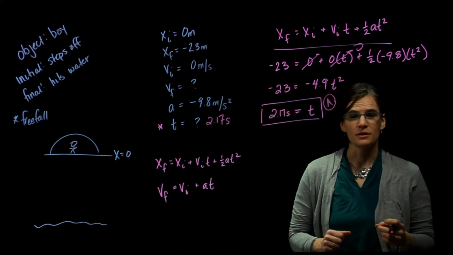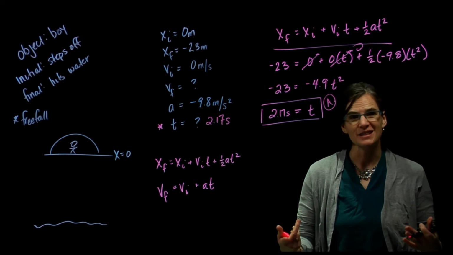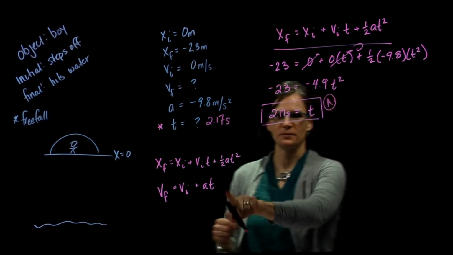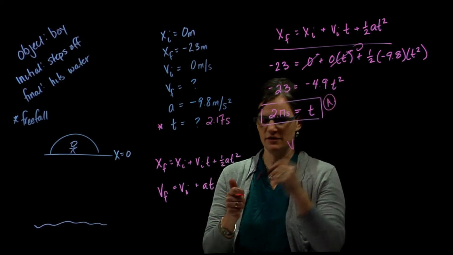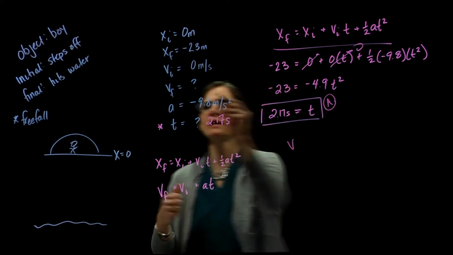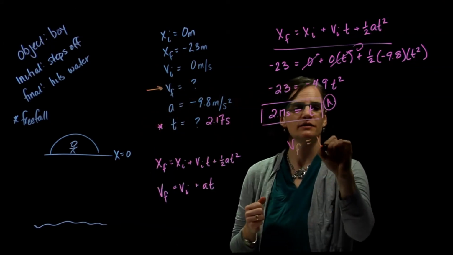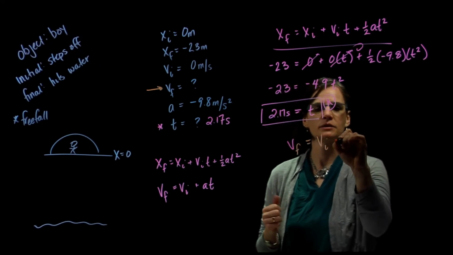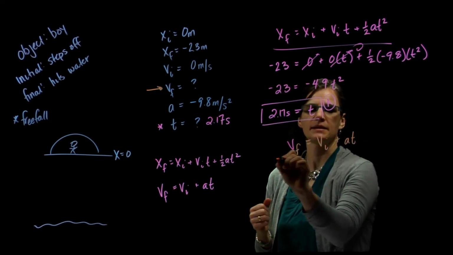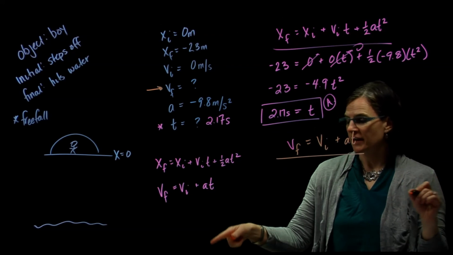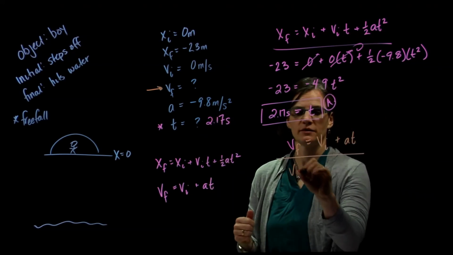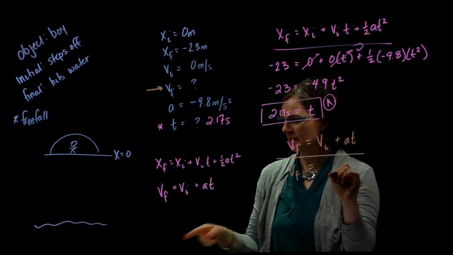The second half of the question asks, how fast is he going when he hits the water? Well, now we can look at our v final. So we're interested in how fast is he going when he hits the water. V final is equal to v initial plus acceleration times time. V final is what we want to know. That's the unknown variable. V initial is 0.